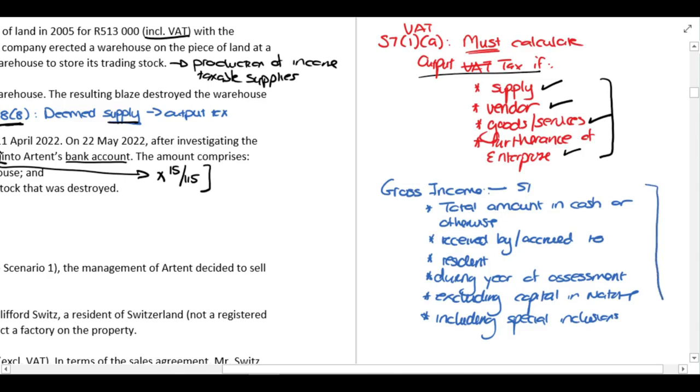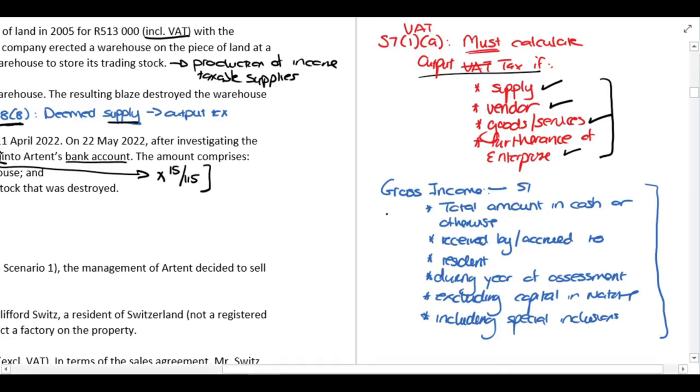Whenever you see any amount being received by a taxpayer, you need to think about this. And this, guys, counts for everything that you study in tax this year. So when it's insurance, when it's a salary, when it's interest, when it's a dividend, when it's royalties, whatever amount it might be, you always have to ask yourself, is it gross income?